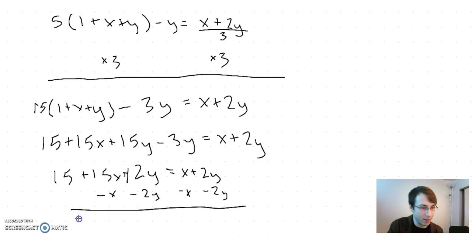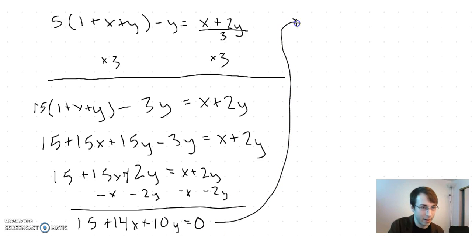And we get down to 15 plus 14x plus 10y equals 0. So now when we solve for y, we're going to go back up here. Try to write smaller so we have enough room. So let's subtract the 15 and the 14x to the other side. So we get 10y equals negative 15 minus 14x.